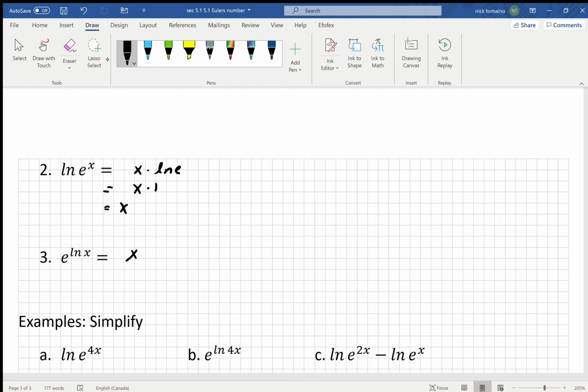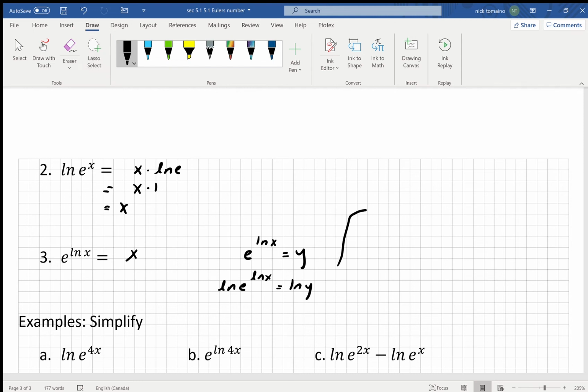And I'll just show you why here, because it's probably not that intuitive. So suppose we say e to the ln x is equal to some number y. Now let's take the ln of both sides. We'll use our logarithmic rules, and we write the ln x out front.